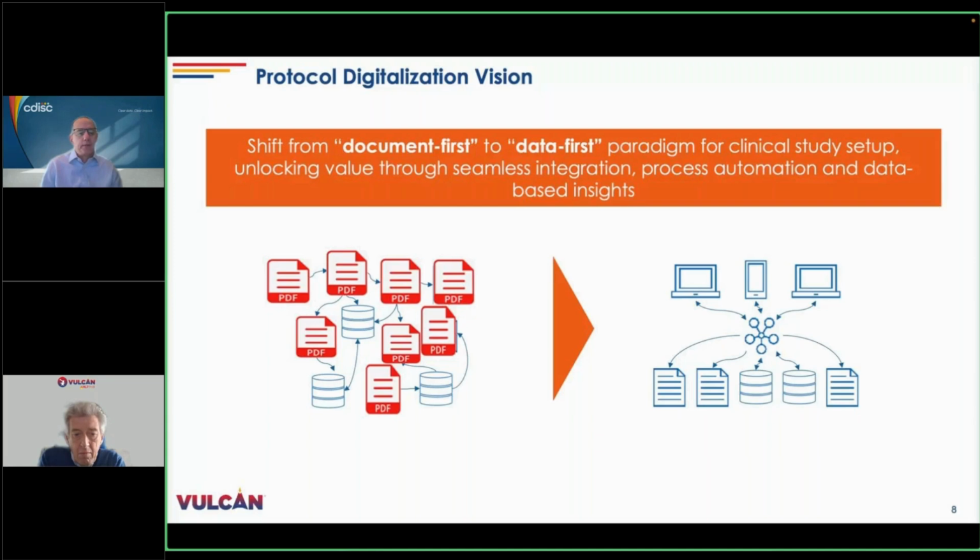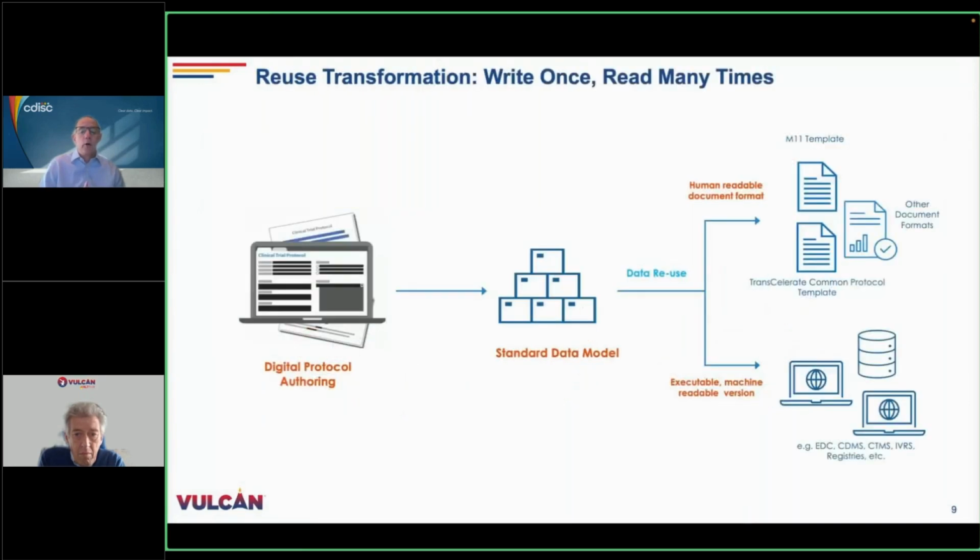So I'll share a couple statistics with you that have been shared with me. One of them is that about 50% of the content in a protocol is incorrectly transcribed somewhere downstream within a system or within a process. Another statistic I just heard last week was that about, I think it was around 20 times, information is transcribed.